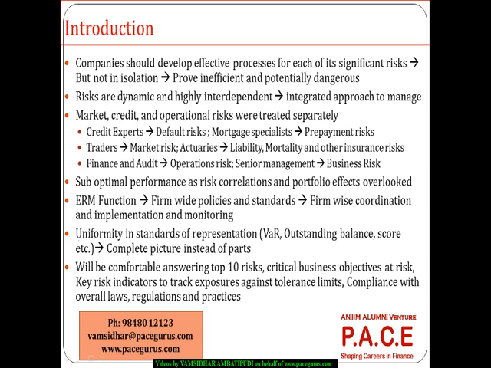There should be uniformity in the standards, because today what we see is that for different risks we use different kinds of numbers. Probably the market risk team uses value at risk as a tool which measures the risk of their particular department, whereas a credit risk department may talk in terms of outstanding balance rather than value at risk.